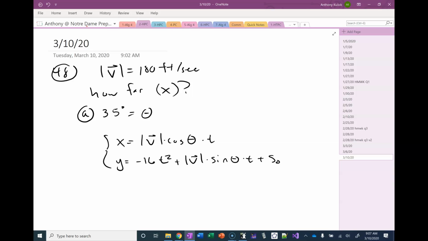Here it doesn't tell me the height of my golf tee. I'm going to assume they're just hitting the ball off the ground. So the ball goes up in the air and lands back on the ground. I'm interested in when the height of the ball is 0.